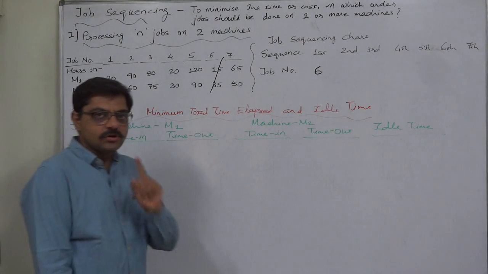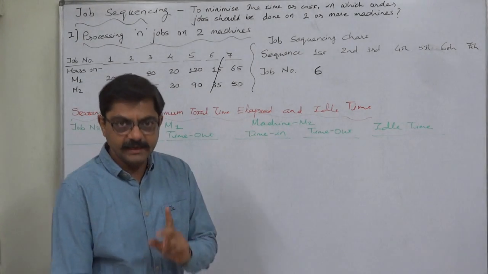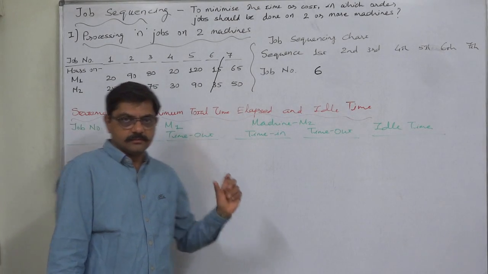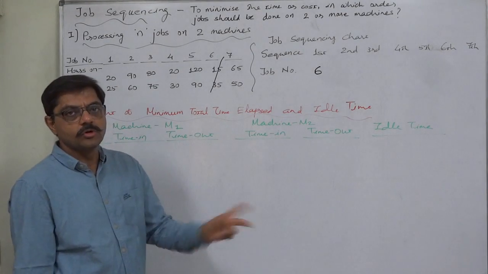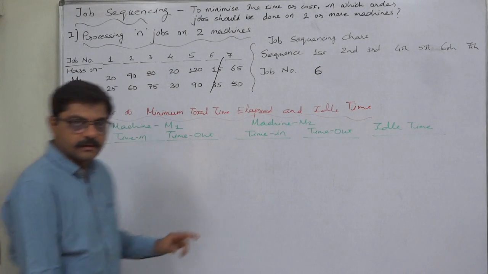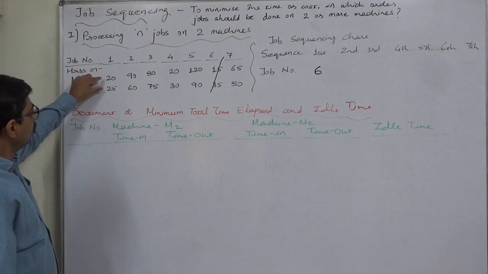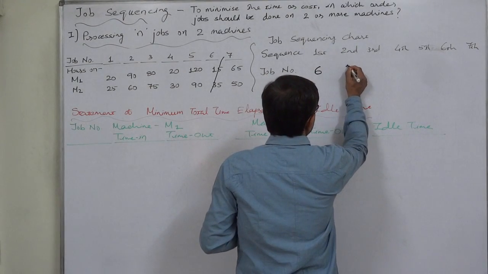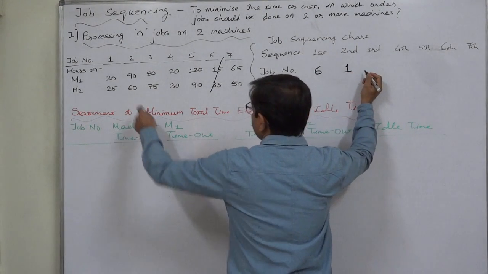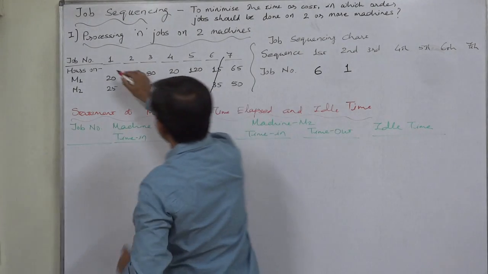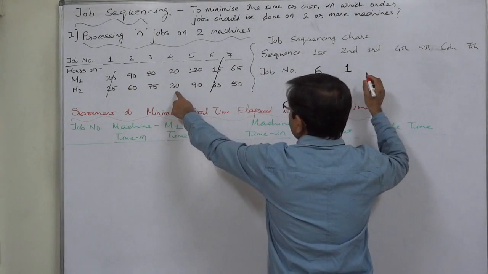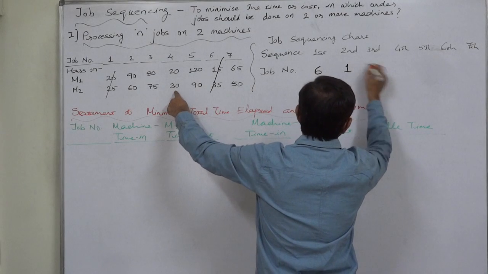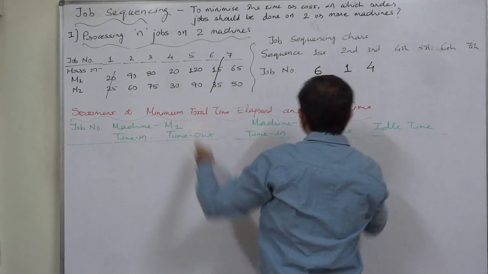If the tie in the least time for 2 or more jobs is on machine 1, the job with the lowest total time will be placed on the left hand side. So job number 1 on the left hand side and job number 4 on the right hand side to that. So job 4.